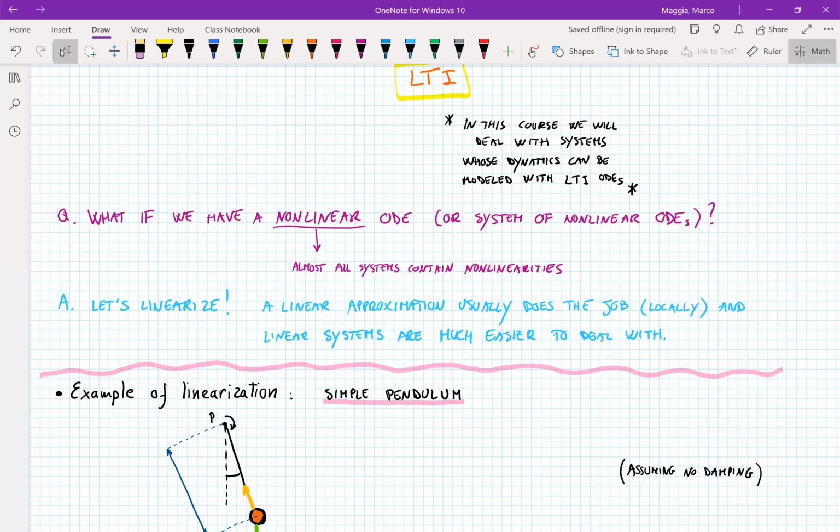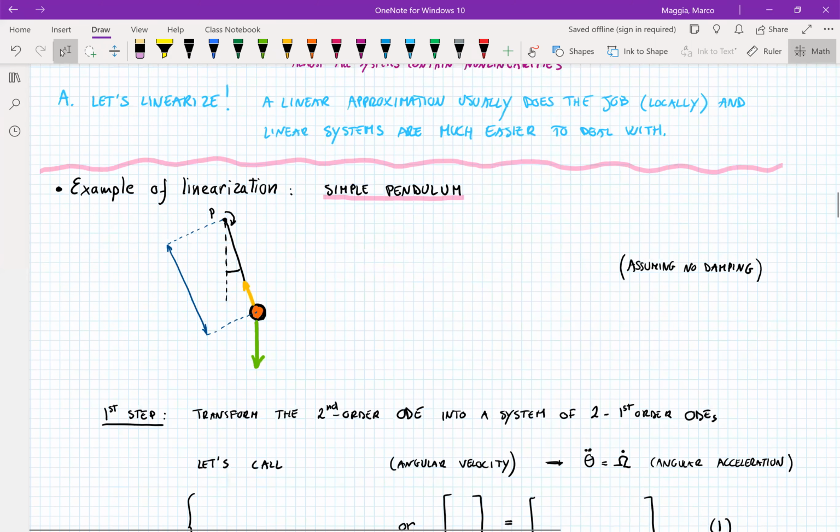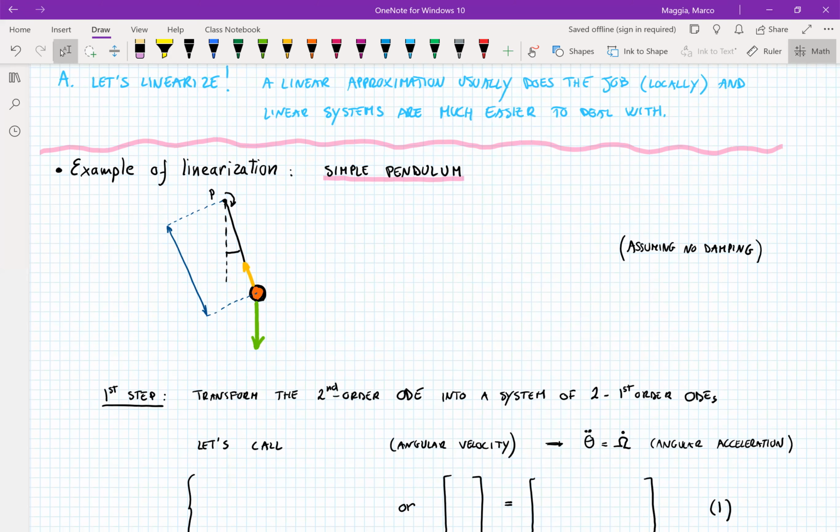Let's take a look at an example of linearization. This is a very simple example. As the name suggests, we're dealing with the simple pendulum. I'm sure all of you are familiar with it.